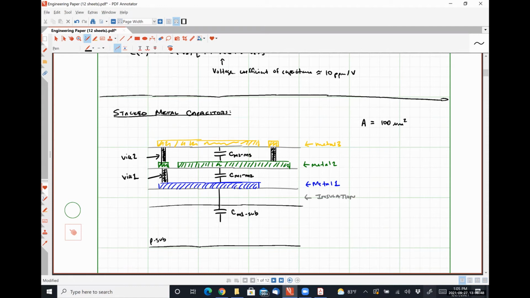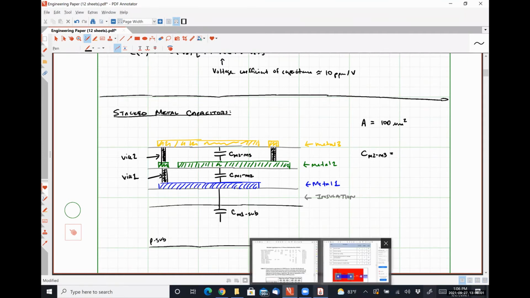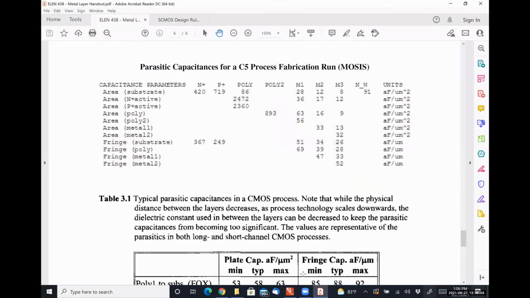All right. So that means our C metal 2 to metal 3 value, if we look at our guy here, we have some capacitance between, let's see, metal 2 to metal 3 is 32 attofarads per micron squared.